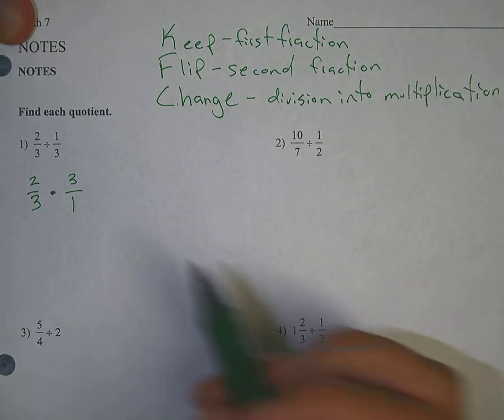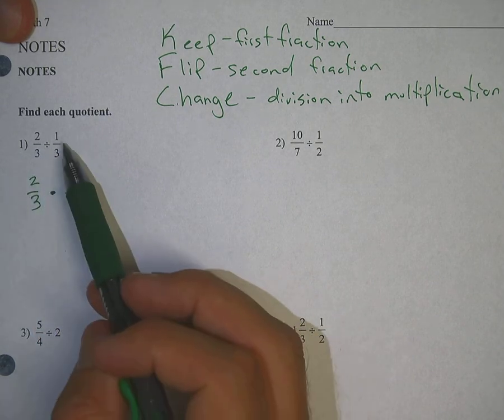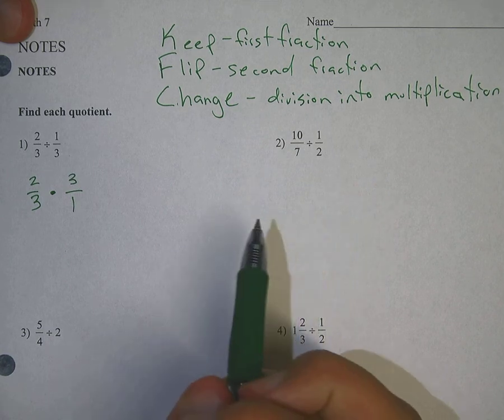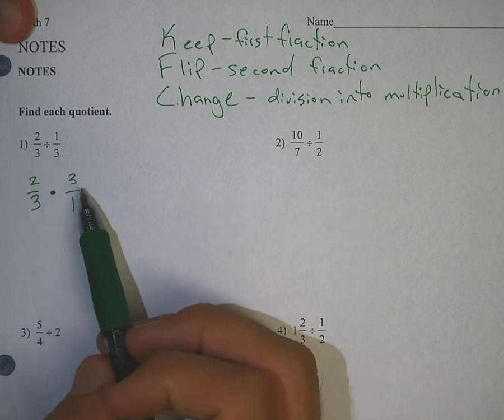So basically, we're never going to divide the numbers that we see. We are going to flip and multiply. Okay, so dividing by 1/3 is the same as multiplying by 3.